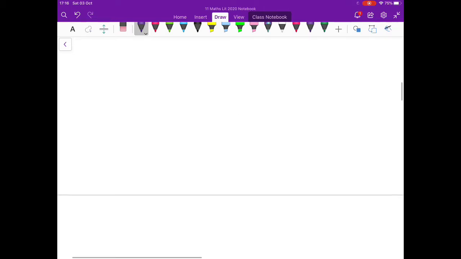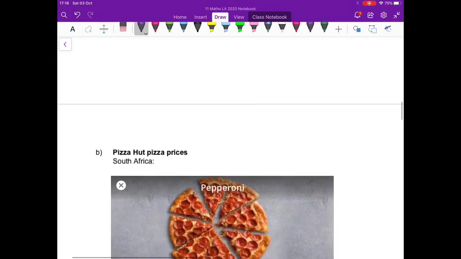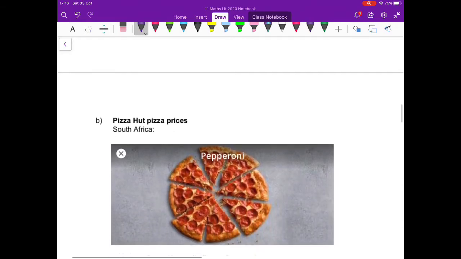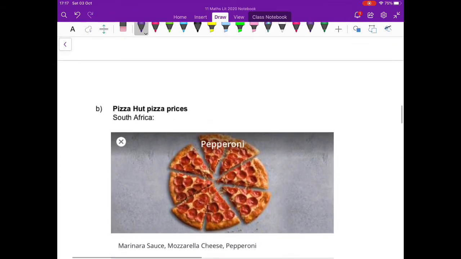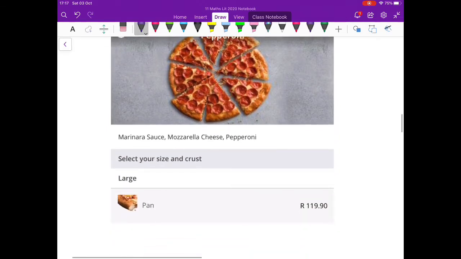In the US, an average teacher's salary is $2,584. Now we're going to look at the Pizza Hut prices. So we have Pizza Hut in South Africa and we have Pizza Hut in America. From the internet, we went and looked at the pizza prices in South Africa, and you will see a large pepperoni pizza will cost you 119 Rand 90.